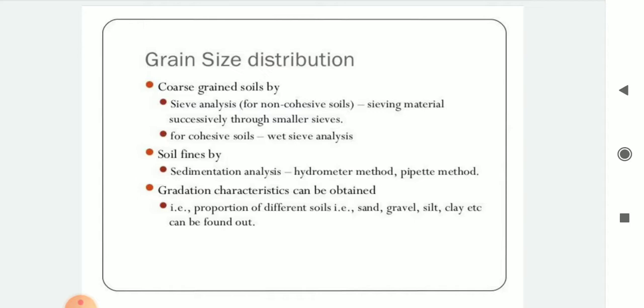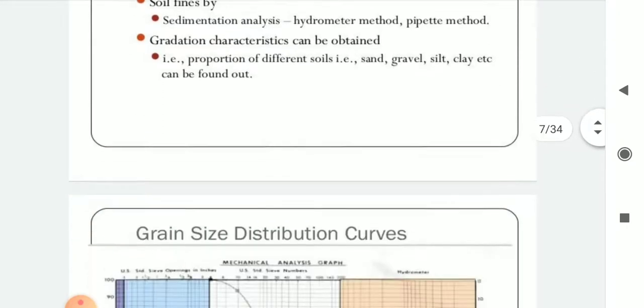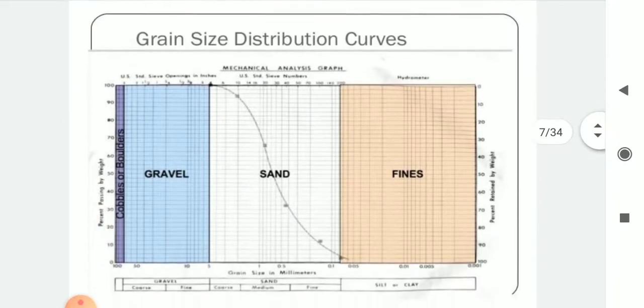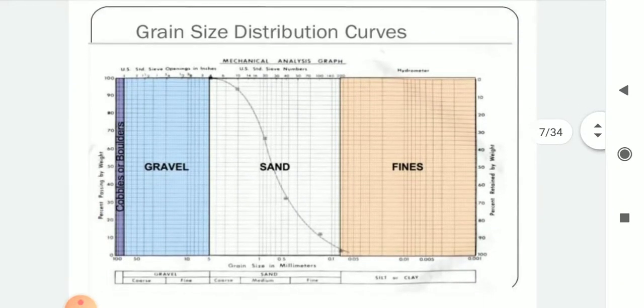Gradation characteristics can be obtained, that is, the proportions of different soils, such as sand, gravel, silt, clay, etc., can be found out. Okay, this is the grain size distribution. Then you can see from the graph the grain size distribution curves for different materials such as gravel, sand, and fines. The mechanical analysis graph has been shown, with grain size in millimeters.